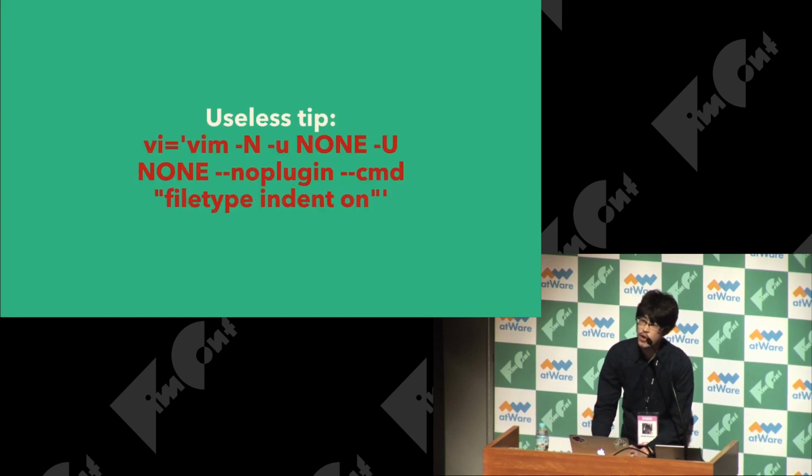Here's the user tip I wish you can take away. It's pretty easy to emulate an isolated environment, Vim for Vim. Use vi, a shell alias: vi equals vim -n, with no plugins, and the command filetype indent on.